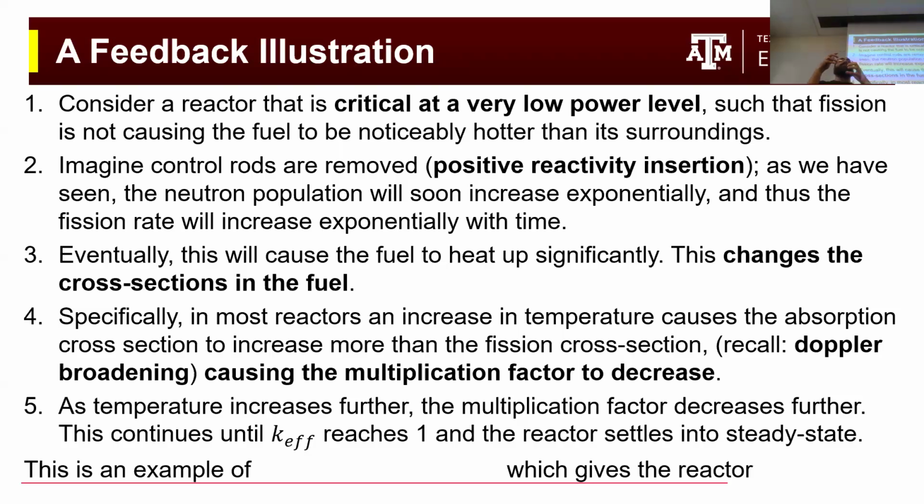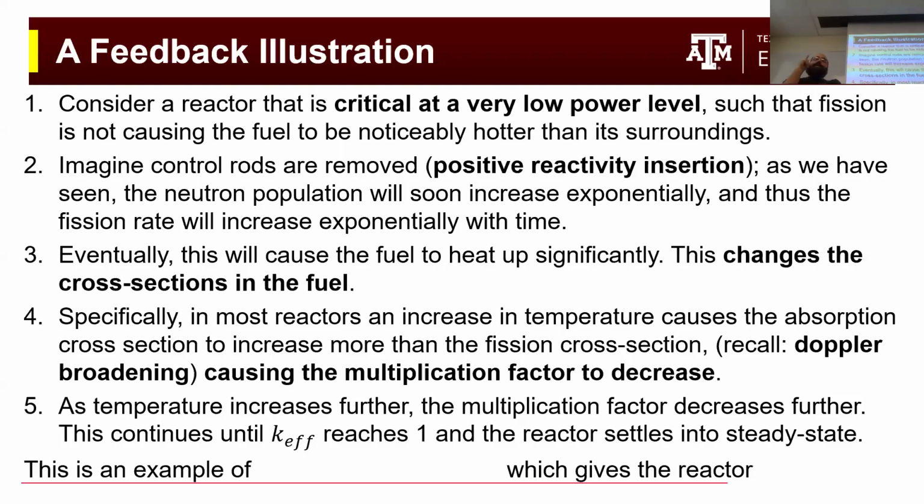Once the fuel changes temperature, it starts affecting your cross sections. Thinking back to Doppler broadening, specifically, if temperature increases, it causes those resonances to broaden. Wider resonances mean that more neutrons of more energies can be absorbed within that resonance.